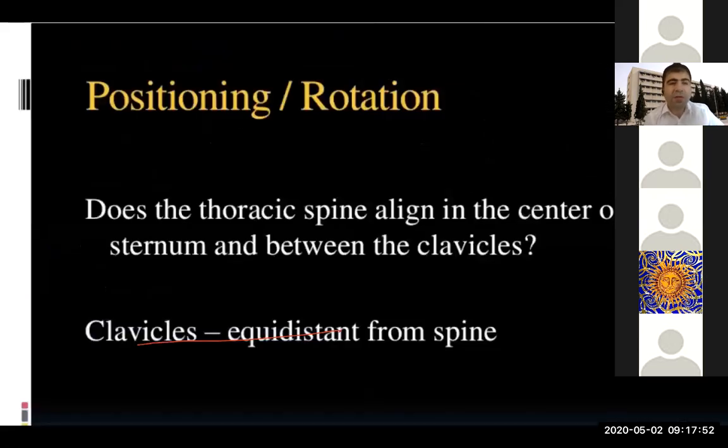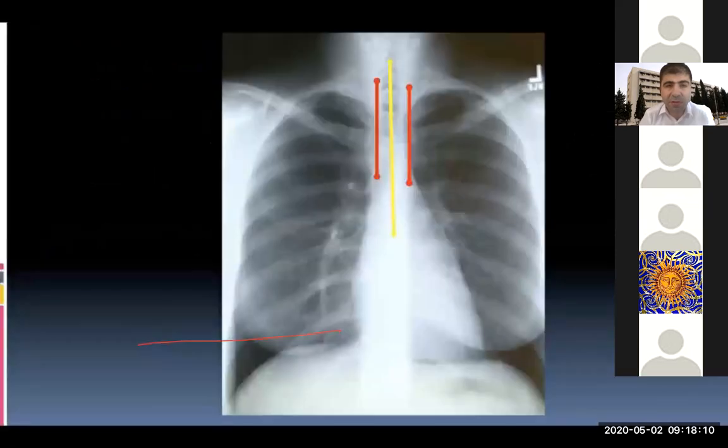So we have to check also the positioning of the X-ray. According to the clavicles, there should be equidistance from the medial end of the clavicles to the spinous process. We have to measure the distance, or rather, not bring a ruler for every chest X-ray, but just have a look at the distance.